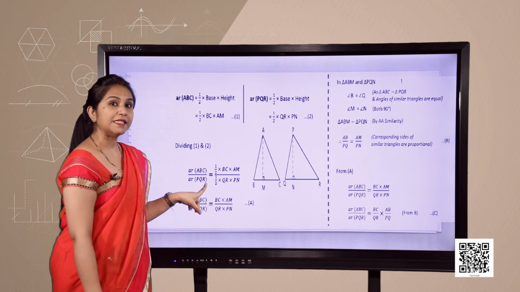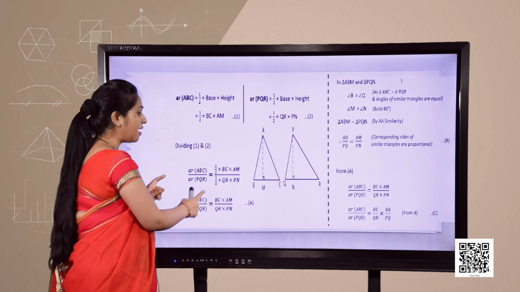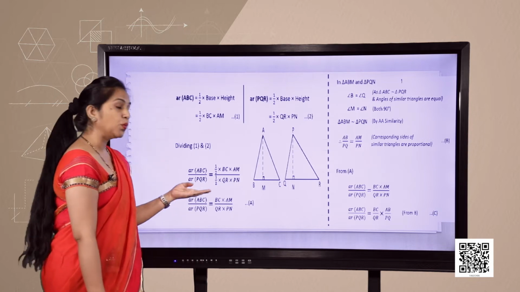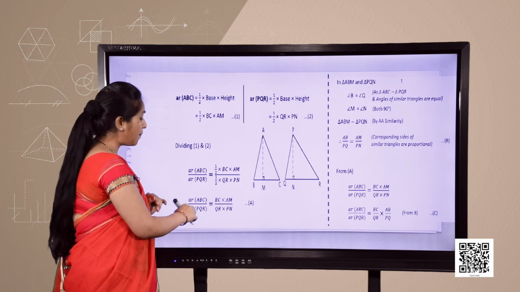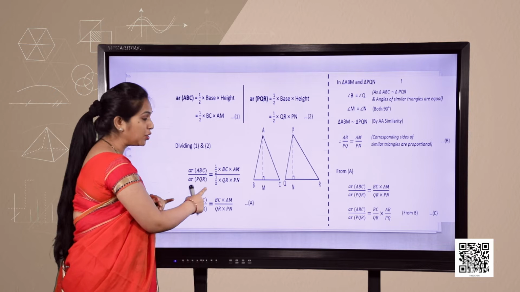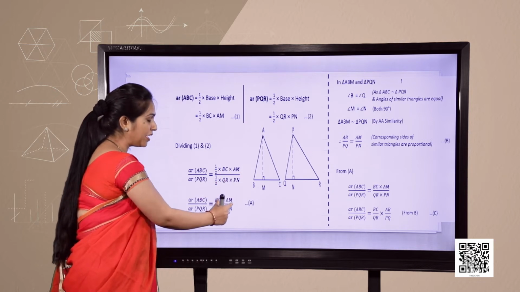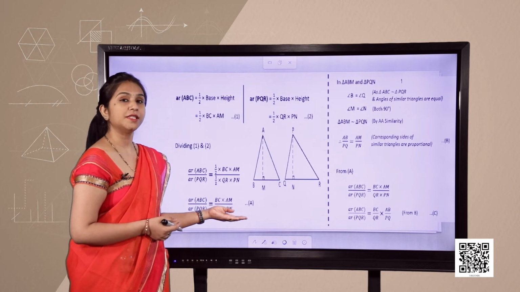Now, children, you can see what you can cancel here. This half and half get cancelled. So what are we left with? We are left with area of ABC upon area of PQR is equal to BC into AM upon QR into PN. So here you got your equation A.